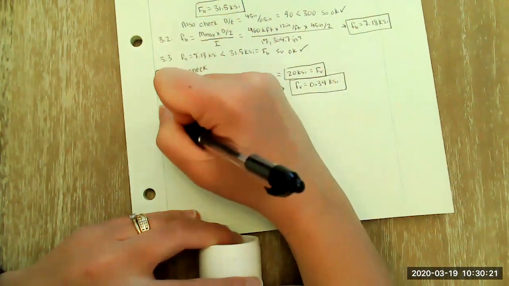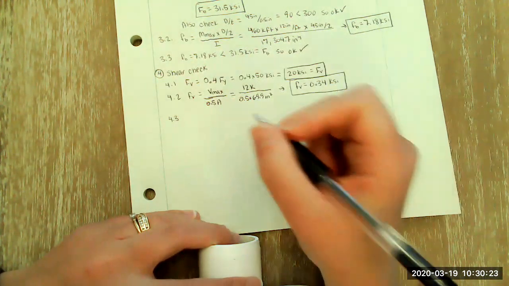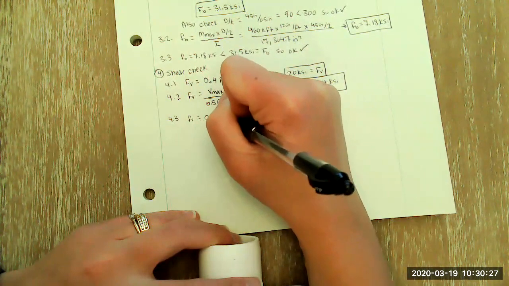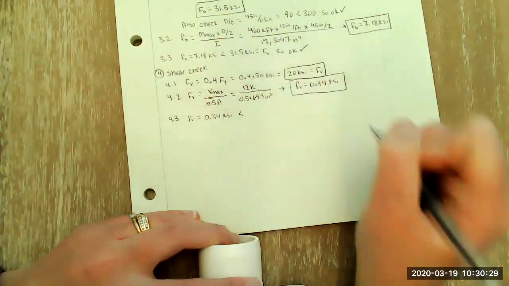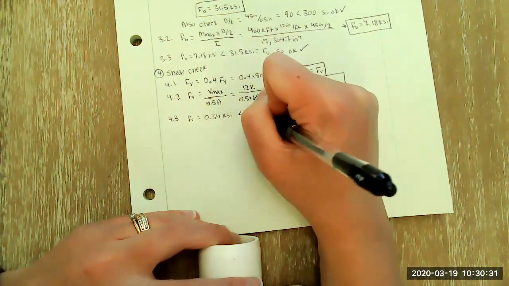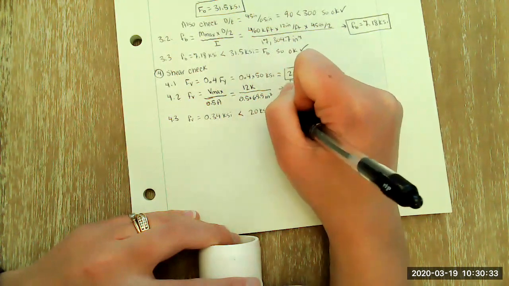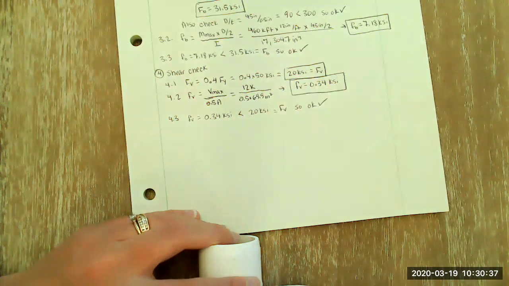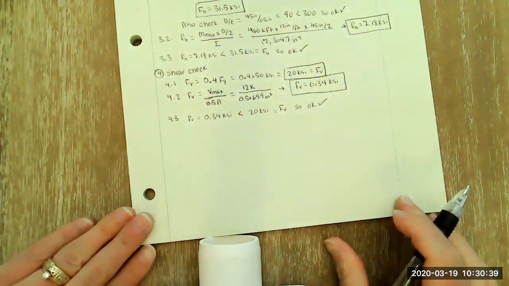And last part, little f sub v of 0.34 KSI is much less than 20 KSI, our allowable. So, okay. And we can move on to our hoop stress.